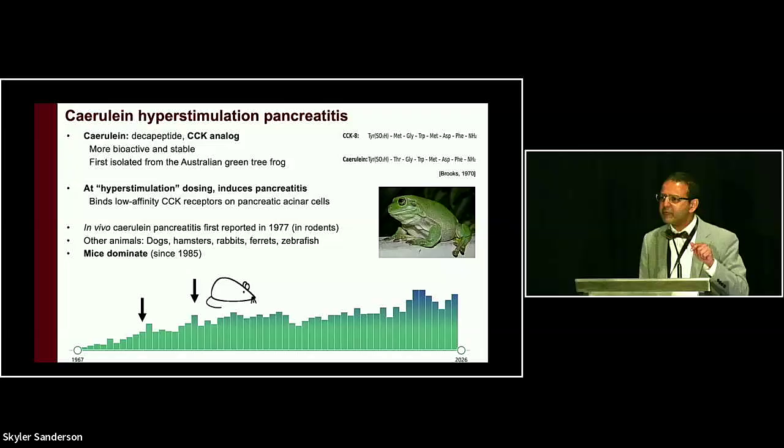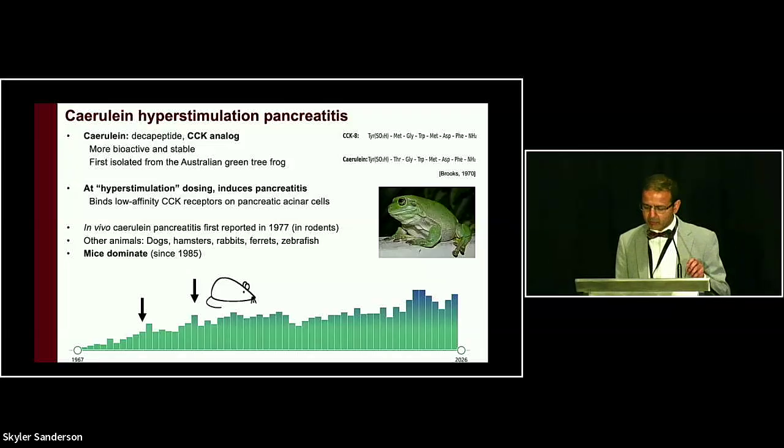As shown by the leftmost arrow, in vivo cerulean was first reported in 1977 in rodents, starting with rats, and subsequently in other animals, as described here: dogs, hamsters, rabbits, more recently ferrets, and a paper in zebrafish. Since 1985, as shown in the arrow further to the right, mouse in vivo studies have dominated.